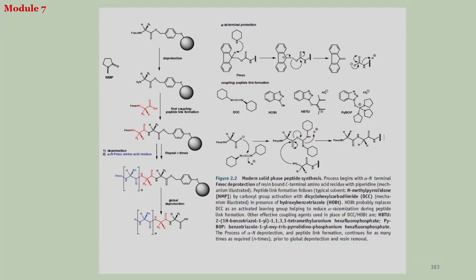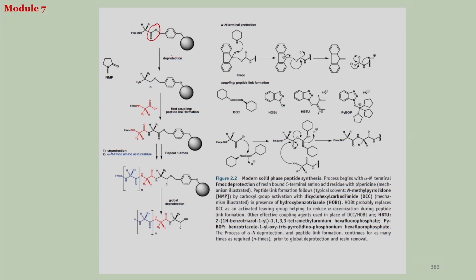This is the rough sketch: you have the solid phase, this is a linker actually, and that is how the first amino acid is connected. Here there was one chloride. If you use this acid, then you will have this formation first. So, the first amino acid is attached here with its FMOC protection.